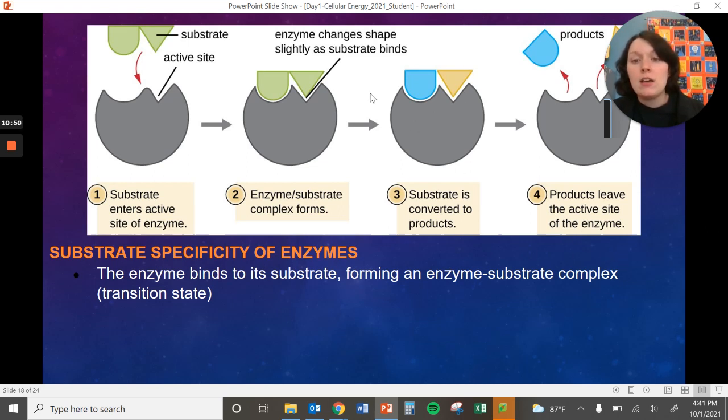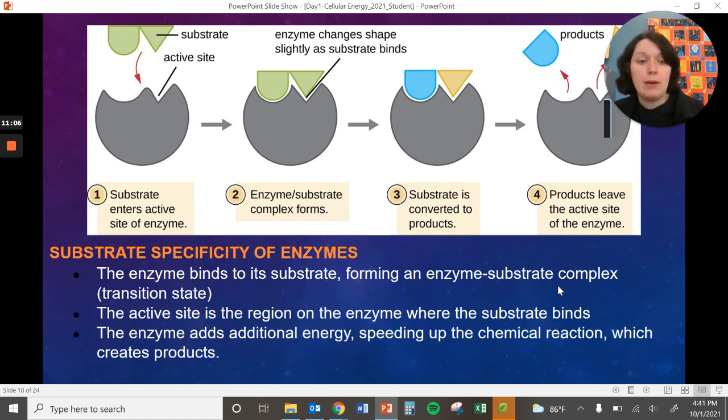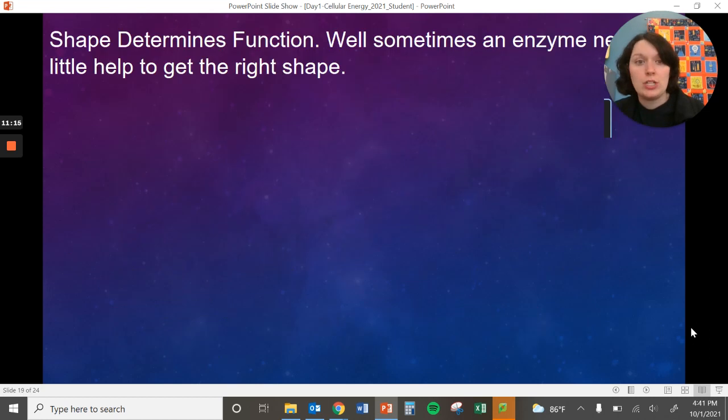So it makes this kind of complex with the enzyme and the substrate bound, and this is also called the transition state. And the enzyme is stabilizing this transition state for our molecule, which then makes it so that the product can be formed more easily. So this active site is where it's being bound to, and the enzyme adds the additional energy that will speed up the reaction.